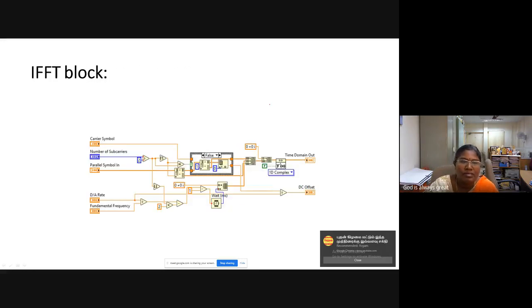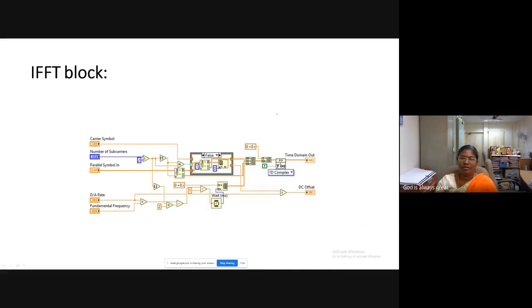This is the sub-VI of the IFFT block. The main component here is this one. You can see F inverse of X. This F inverse of X is what actually maps whatever you get in the frequency domain to a time domain output.